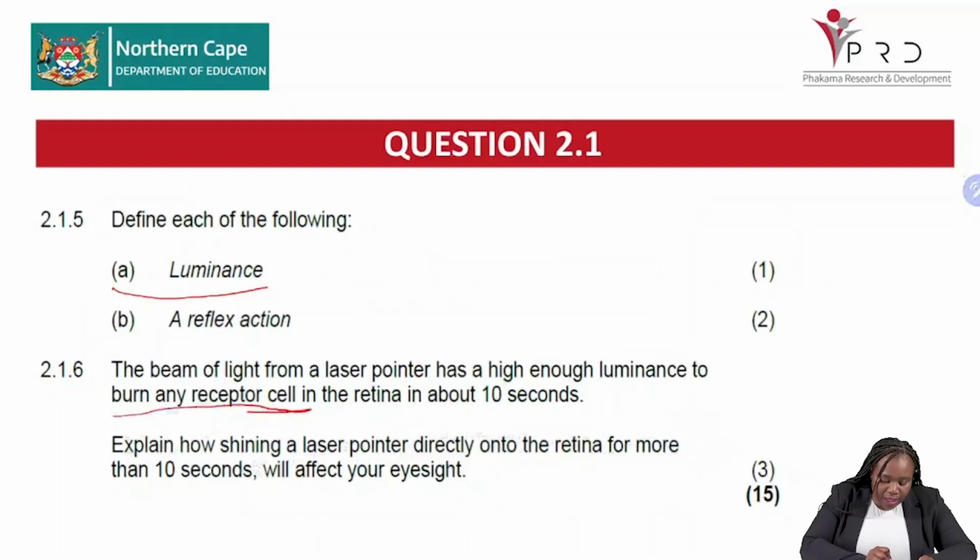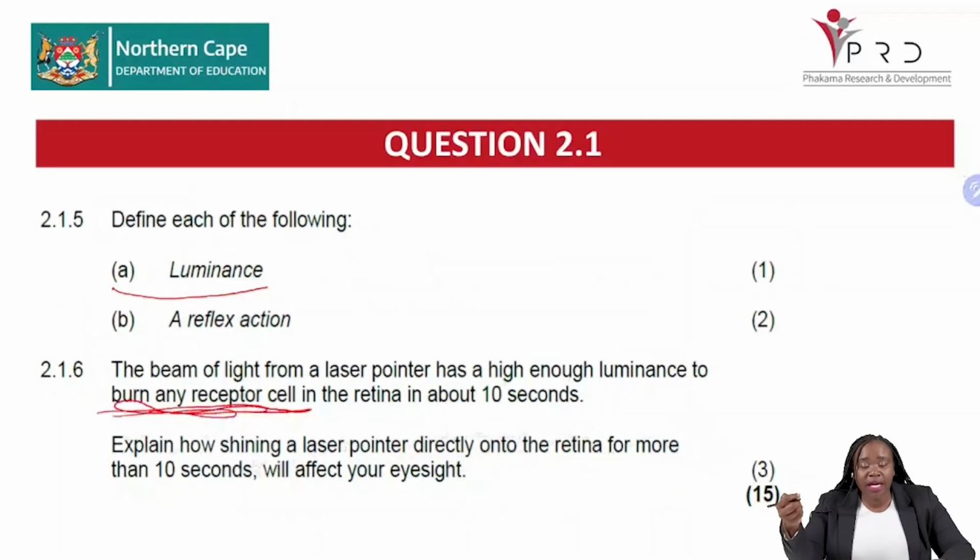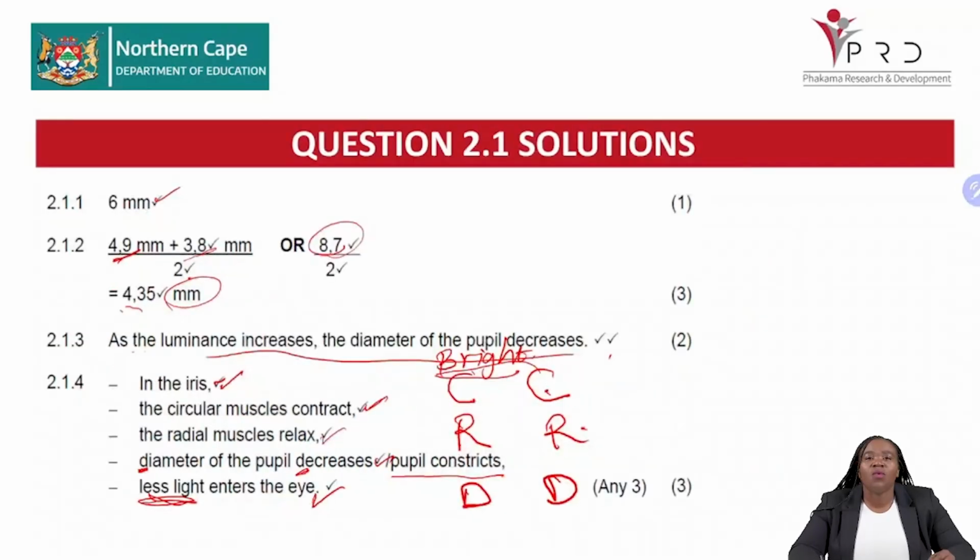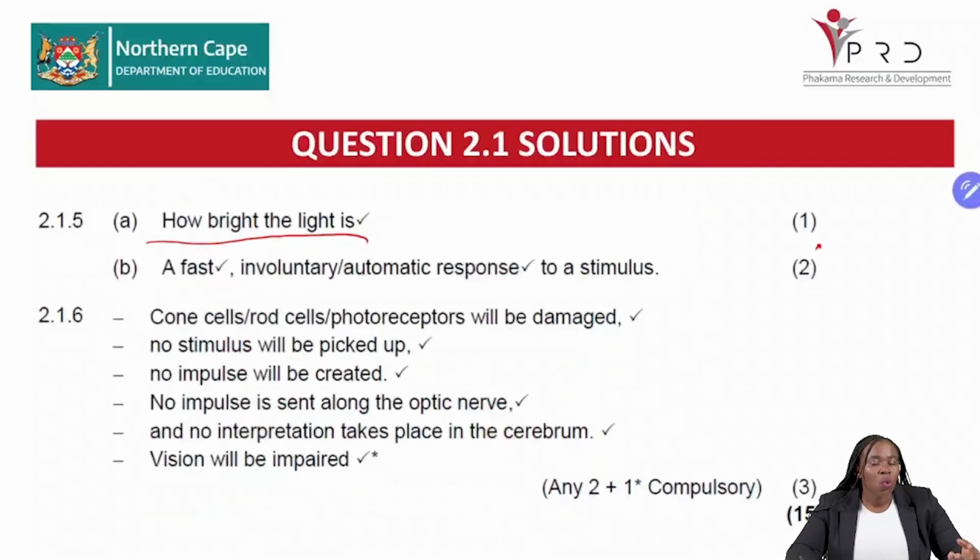Now, if they are saying it can burn any receptor, it means that should this laser be directed at the retina for more than 10 seconds, it would burn these receptors. Without receptors, no stimulus from the external environment can be perceived. It means that if the receptors in the retina, the rods and the cones, are burnt, no stimulus from the external environment would be received. No light will be received.